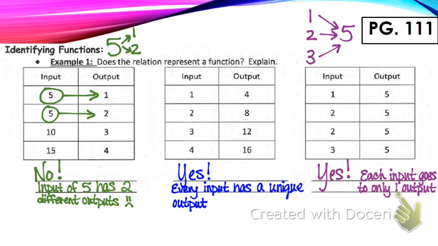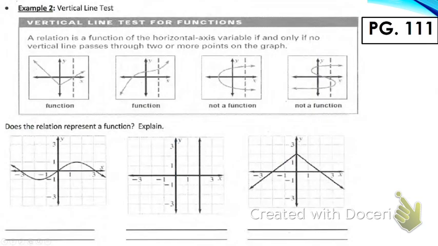All right, let's look at how to use that vertical line test. So down at the bottom of page 111, the vertical line test is a visual way for me to check to see if each input has one output. If I hold up a vertical line, like my pencil, and I run it across the graph like this, anywhere that graph touches my pencil, that would be a point on the graph, right?